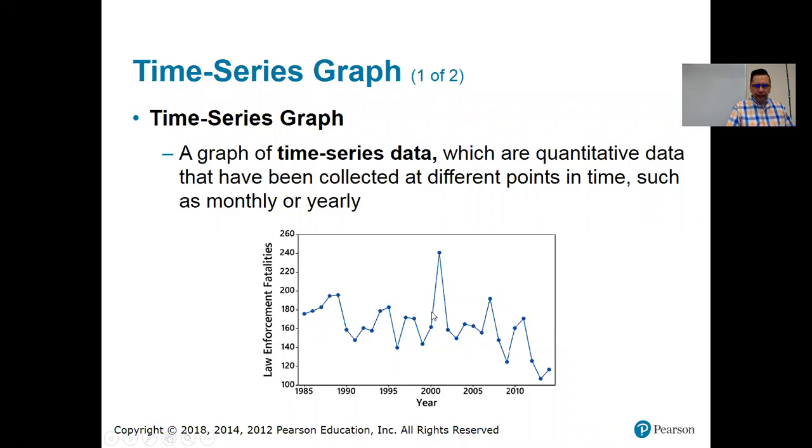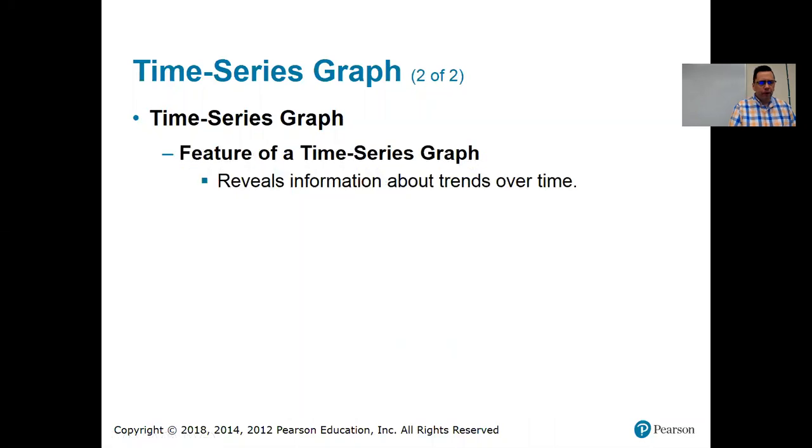I have a feeling that this peak in law enforcement fatalities in 2001 could have had something to do with 9/11. That's really the most dramatic one that I see up here. I don't really have a theory about any of the other ones. They're not all that dramatic, the other drops and spikes. It's kind of random. But that's one possible theory for 2001.